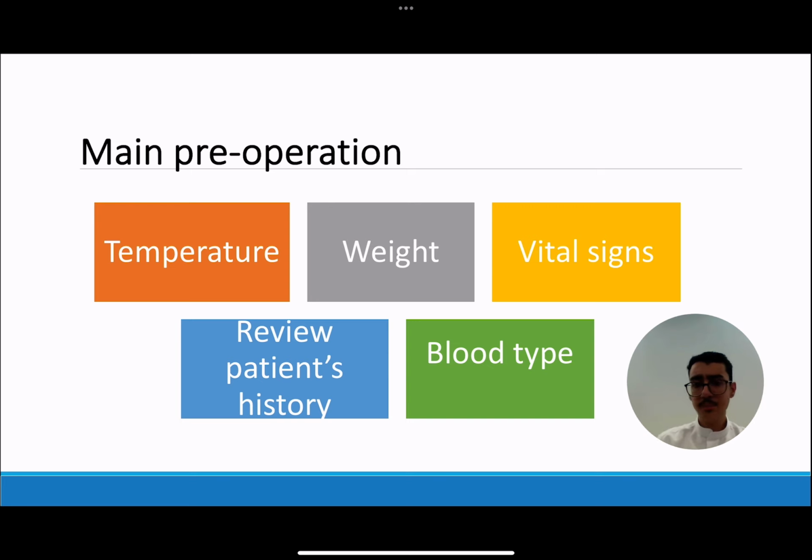For example, if a patient with blood type A were given blood from type B, they would die, because, as I just told you, each blood type has its own specific antigens.